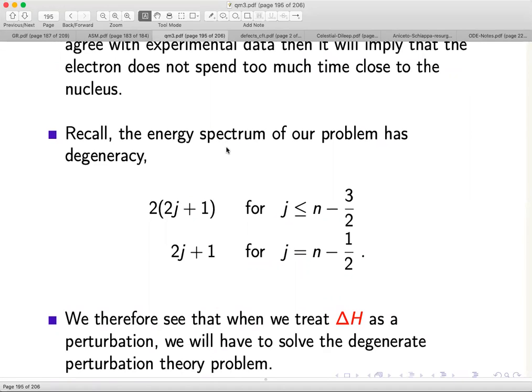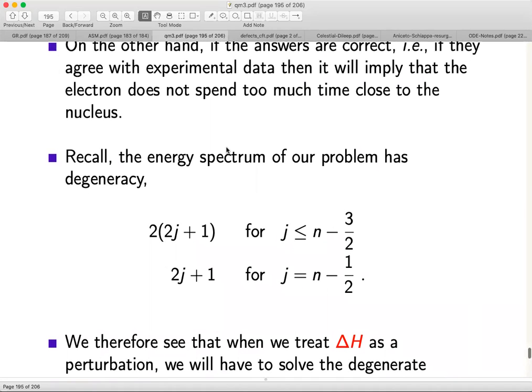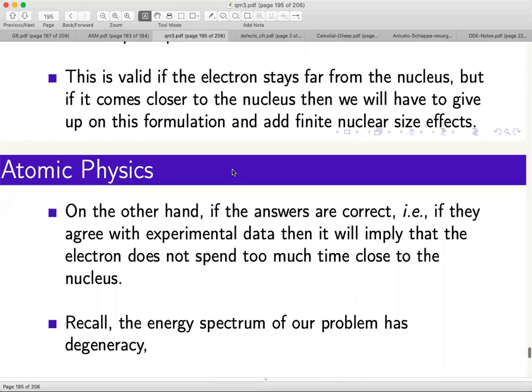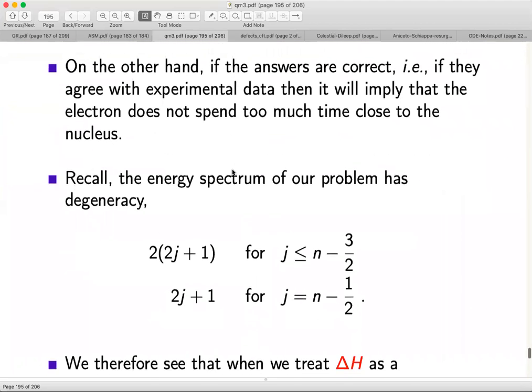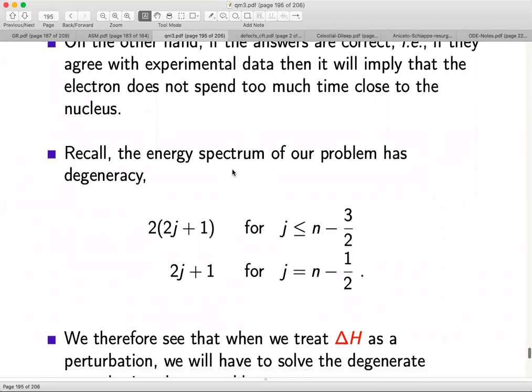Are we going to treat delta H as a perturbation though? Yes. We aren't going to solve some exact calculation. Well, we have to solve it in degenerate perturbation theory, right? So we can compute those matrix elements exactly, but within the perturbation theory problem.